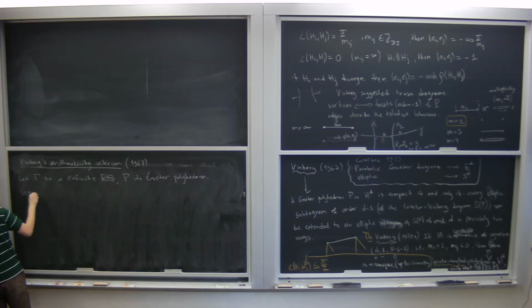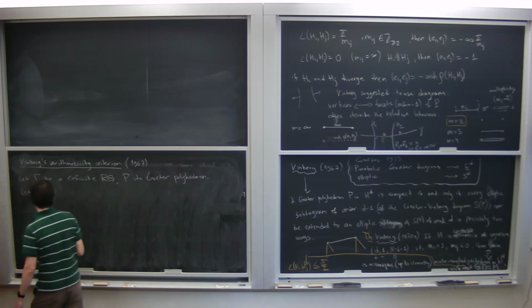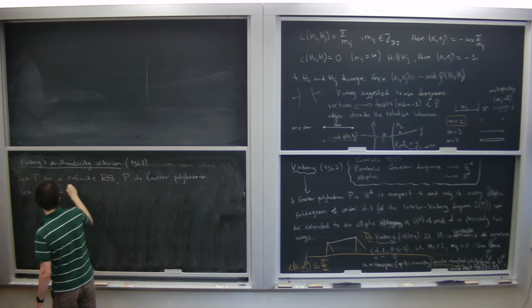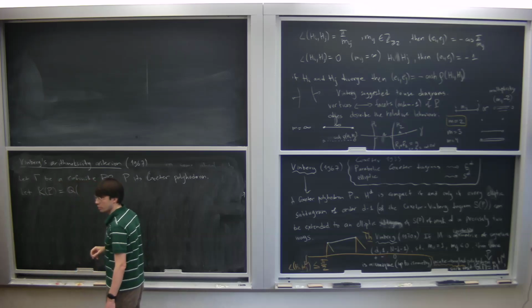Now we define two fields. Let K(P) be the field generated by the matrix entries of the Gram matrix.